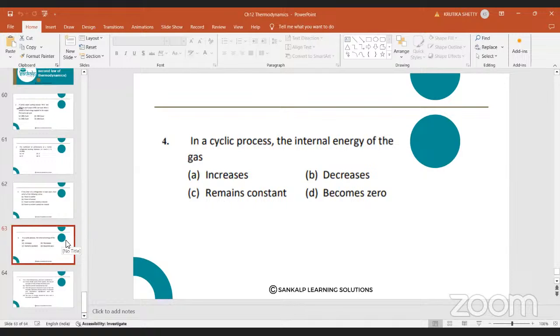In a cyclic process, the internal energy of the gas: increases, decreases, remains constant, becomes 0.